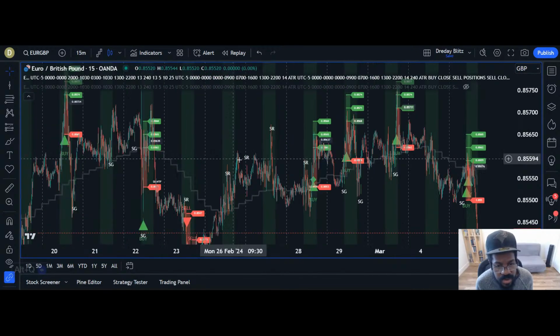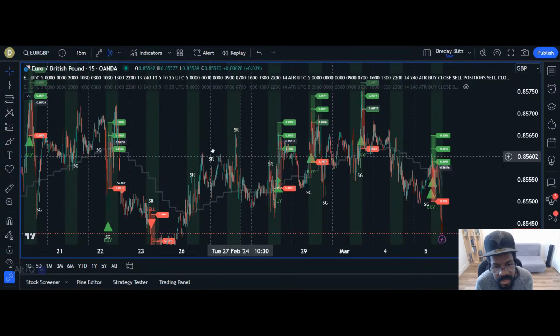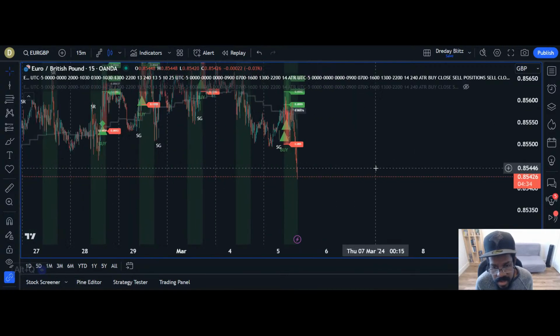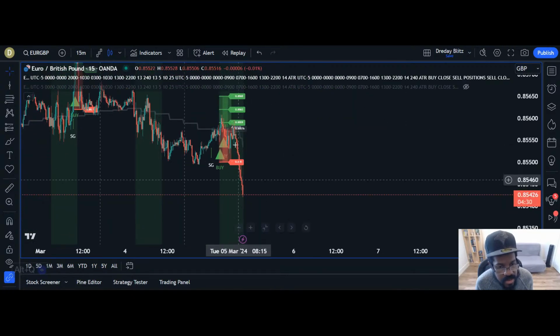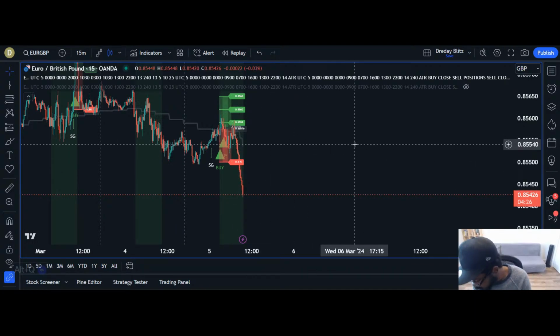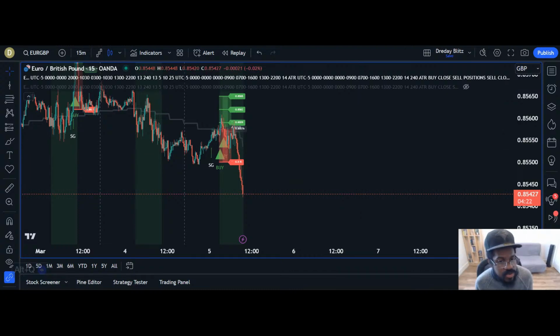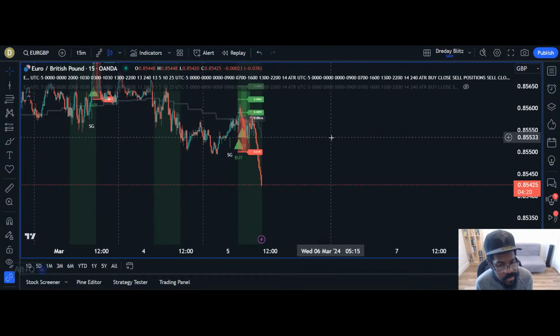We're still bullish on Euro GBP, which means that currently the euro is still stronger. But now it's going down, which means that the British pound is getting stronger right now against the euro. That's why the euro is falling right now.